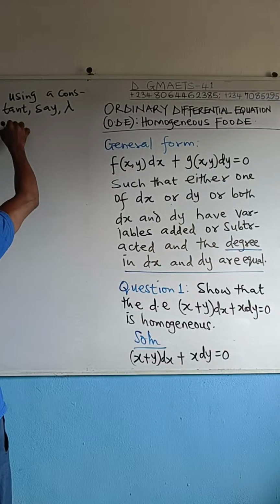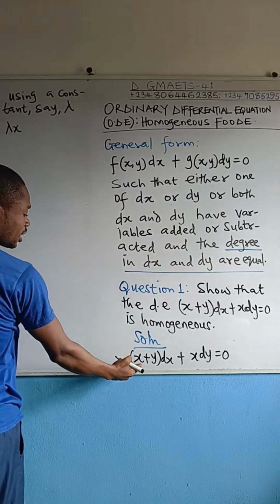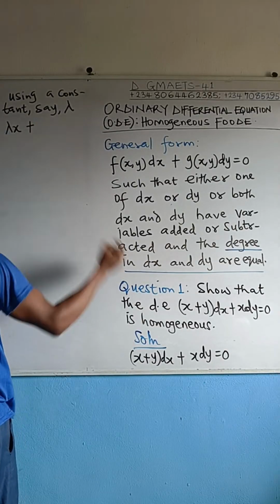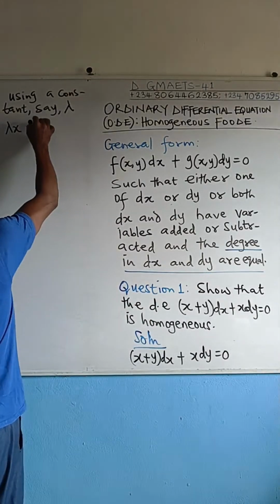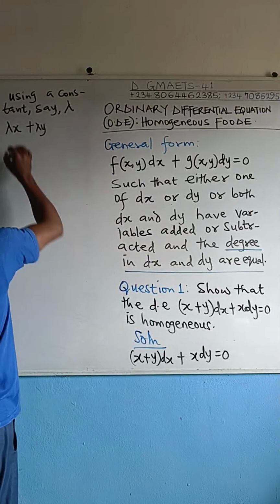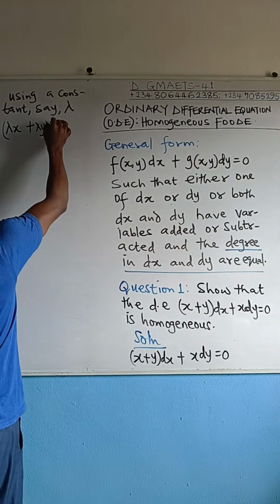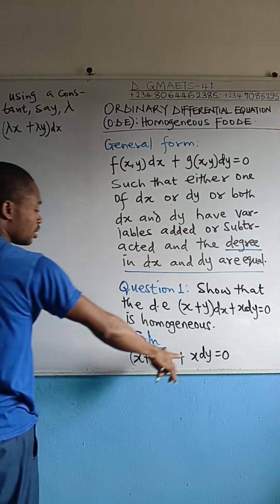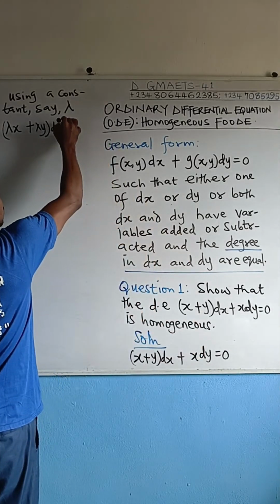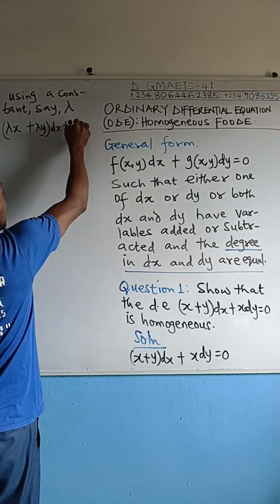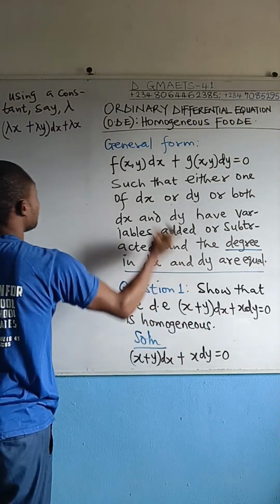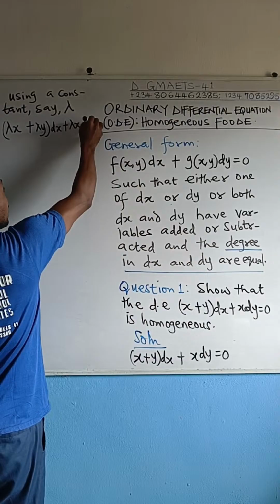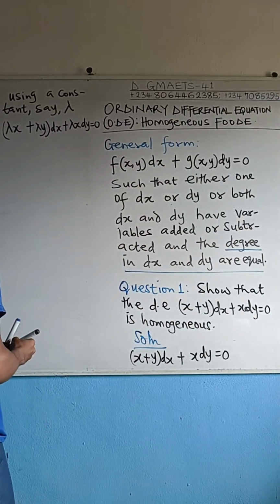It is going to be lambda times x, then plus lambda times y. Then this is going to be in bracket, and then dx, plus you move on to the dy part, multiply that variable there, x, by lambda, dy, and then equate to 0.